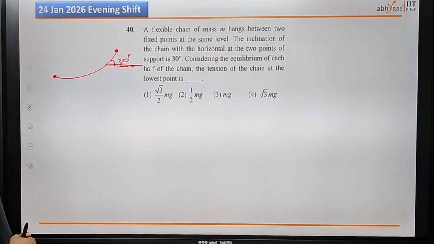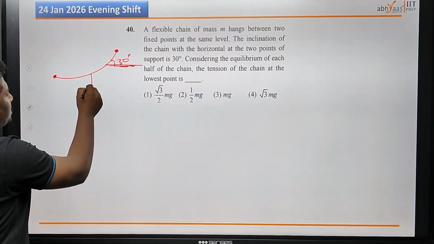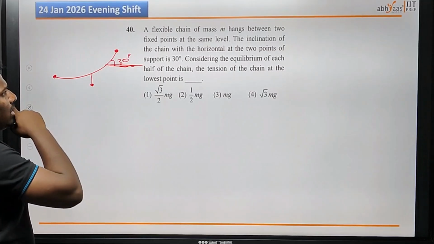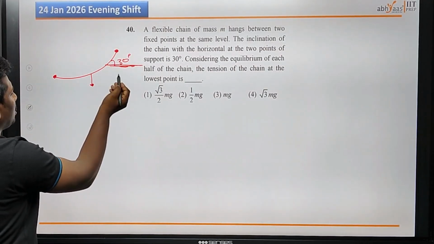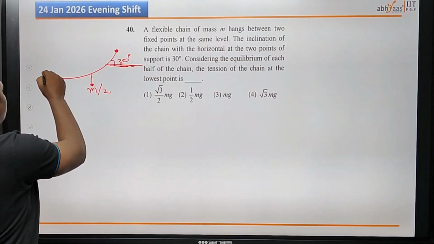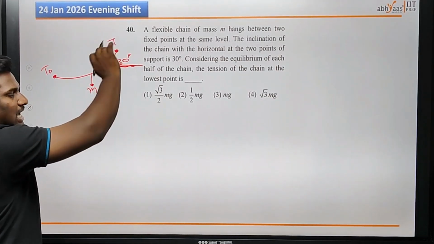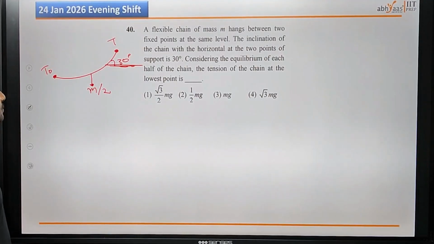Consider the equilibrium of each half of the chain, then find the tension of the chain at the lowest point. Take the lowest point, at half of the length you are having half of the mass. This is our tension at the lowest point, and the tension at the highest point, T.